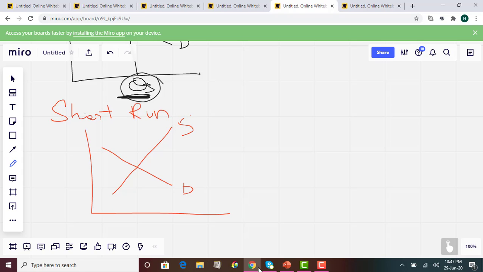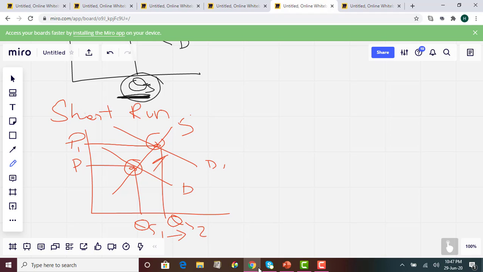So if demand goes up for shoes, look what's happening. Price is going up and quantity supplied is going up too. Okay, that's why it is called an elastic situation. Short run is an elastic situation.